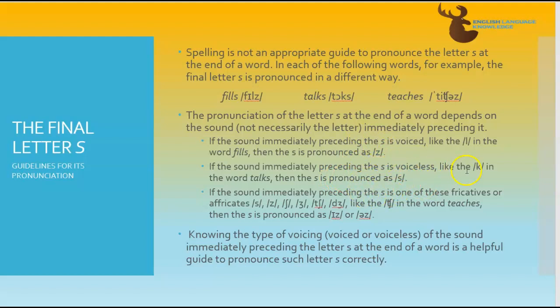Okay, let's keep that in mind, immediately preceding the S. So if the sound immediately preceding the S is voiced, in other words, there is vibration of the vocal cords when we produce that sound, like the L in the word feels, then the S is pronounced as Z. If the sound immediately preceding the S is voiceless, in other words, there is no vibration of the vocal cords when we produce that sound, like the K in the word talks, then the S is pronounced as S.